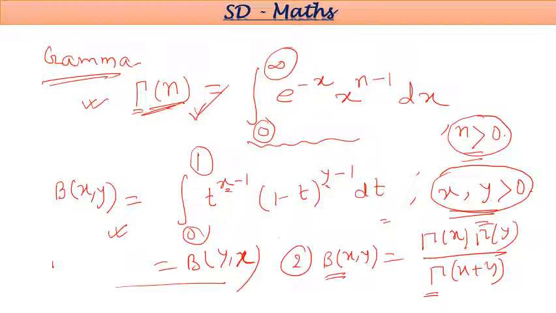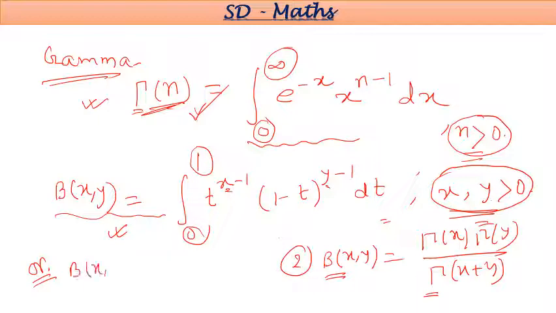Now the next one is another form of the beta function, which is the most useful format. Beta x y equals 2 times the integral from 0 to pi by 2 of sine to the power 2x minus 1 theta, cos to the power 2y minus 1 theta, d theta.